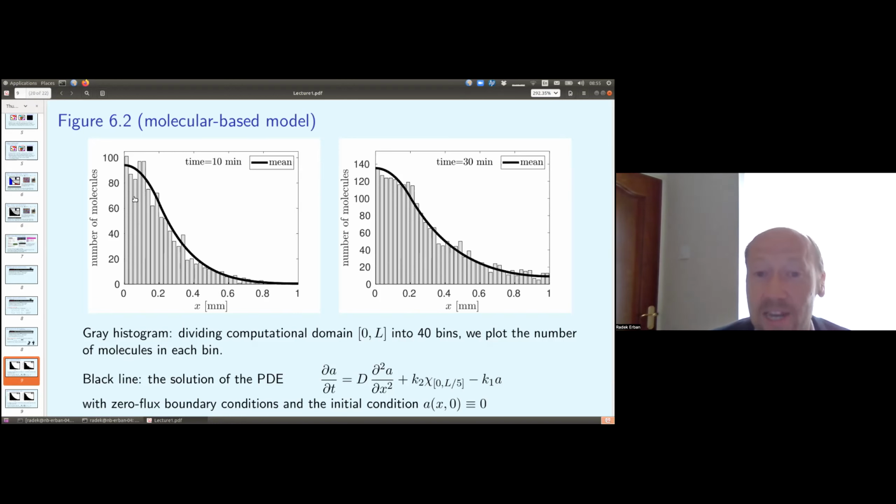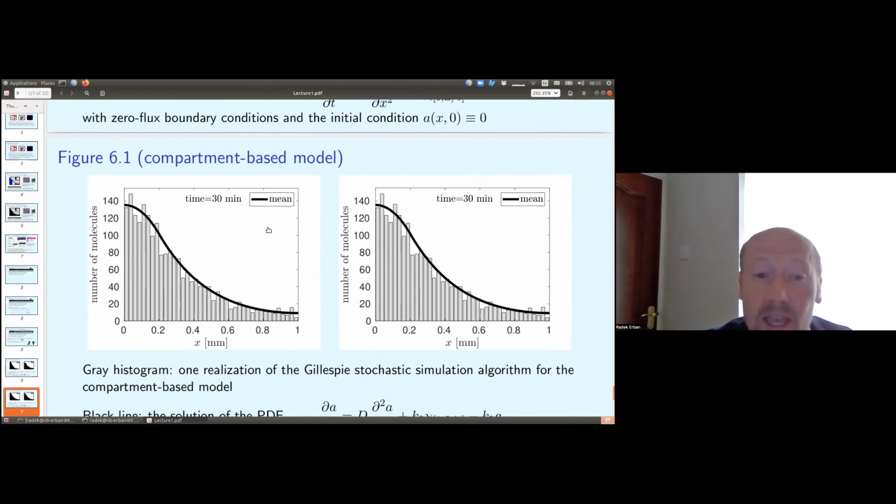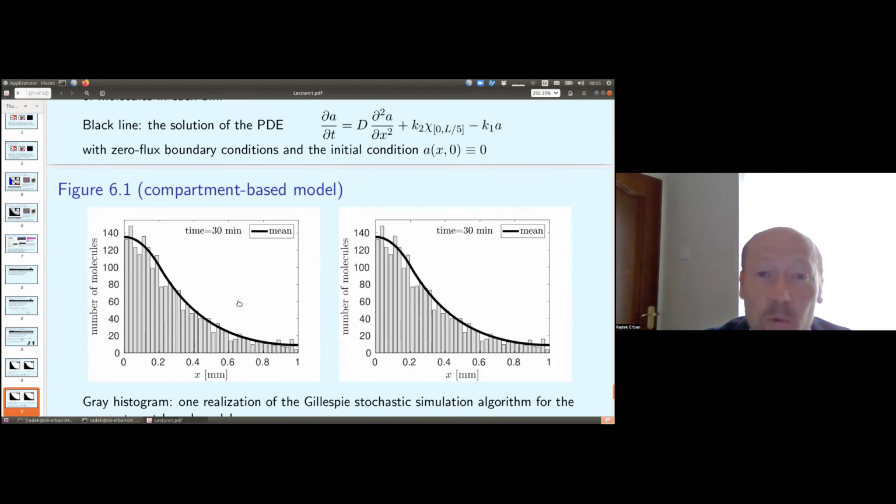So it's additional computational intensity. But then I can estimate the average number of molecules in each of these bins, and I can obtain these black lines.